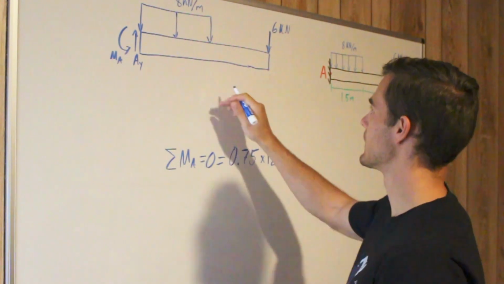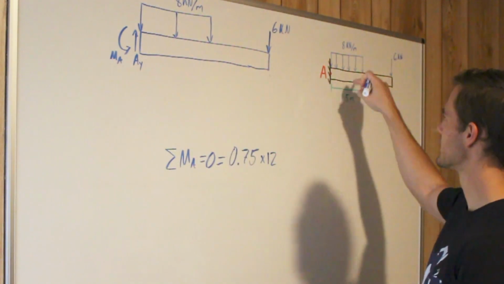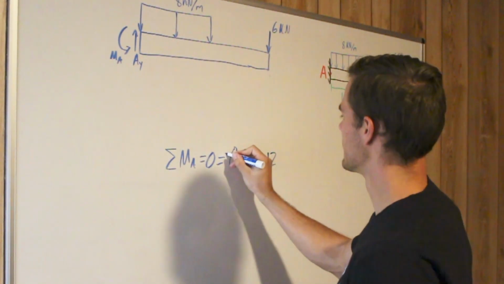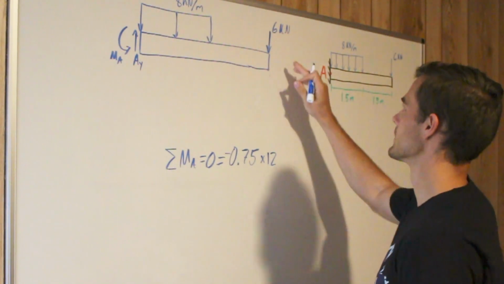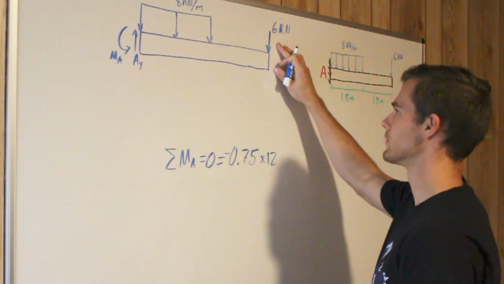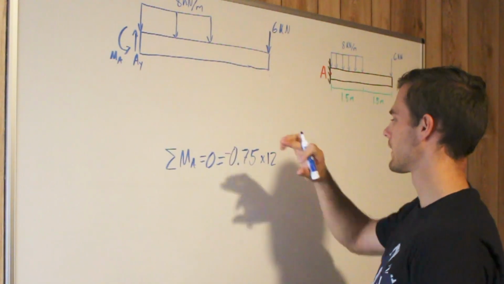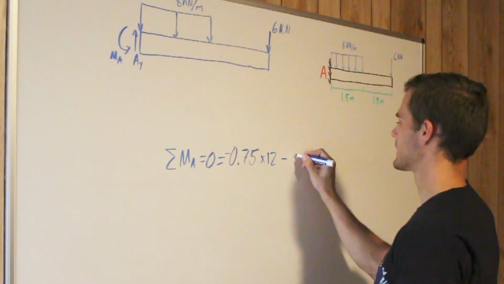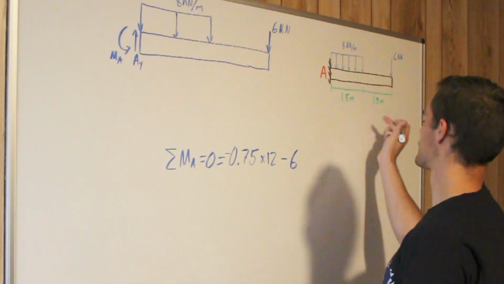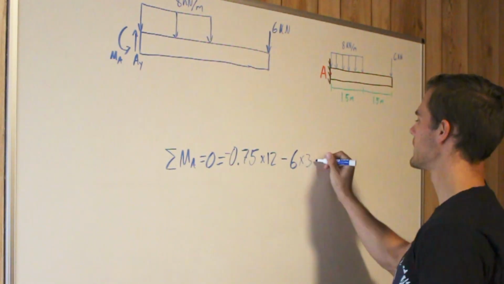Since it would cause clockwise rotation about point A, we will say that it is negative. As well, the 6 kilonewton load is going to cause clockwise rotation, so we'll say it's negative. We have 6 and it is 3 meters away, so multiplied by 3.